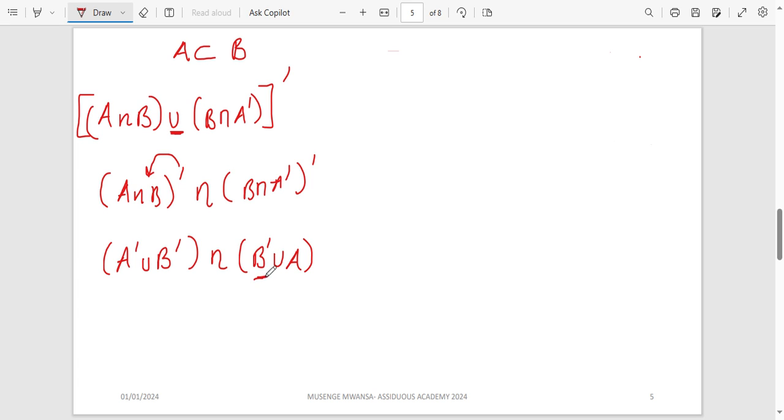Here I'm beginning with a B. I want the other set also to begin with a B. So by the law of commutativity, I can also write this as B complement union A complement intersection B complement union A. Is this okay?